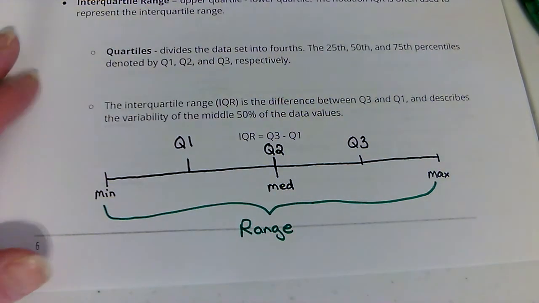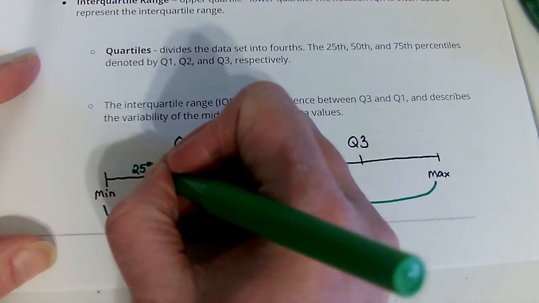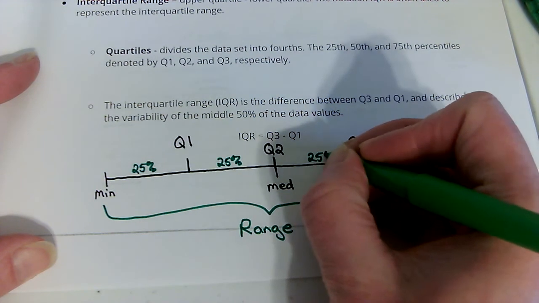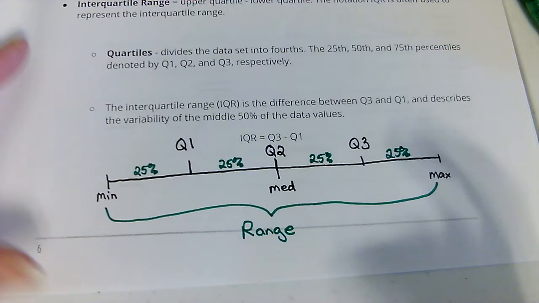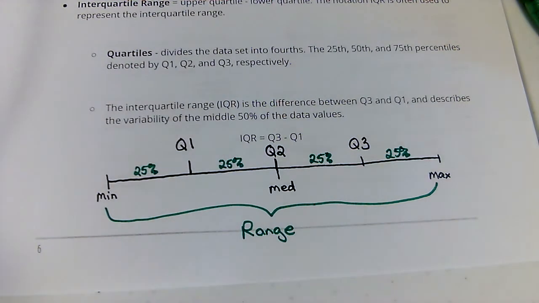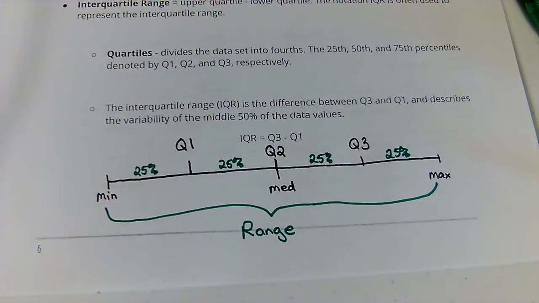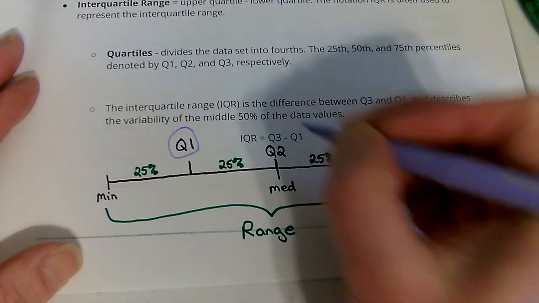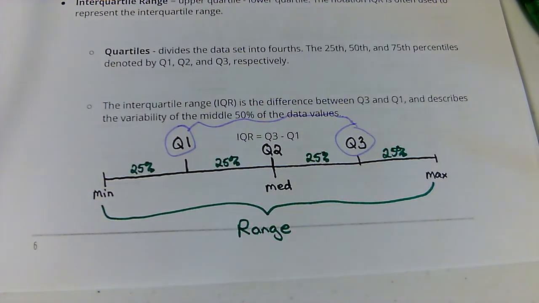In other words, 25% of your data is right here, 25% is right here, 25%, if you listed out all the numbers, and 25% is right here. Quarter, quarter, quarter, quarter. Your interquartile range is between Q1 and Q3. You're looking at the data right around the center.